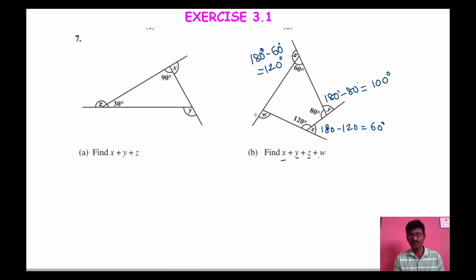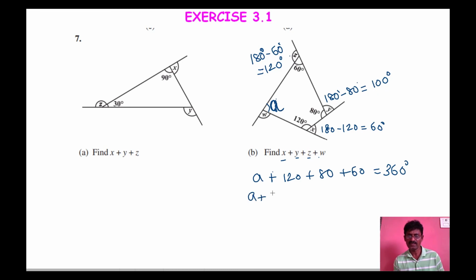Then w. Now here to find out w, we don't know this angle. To find out that angle, we can make the sum of these four interior angles equal to 360 degrees. So suppose this is angle A. Then A plus 120 plus 80 plus 60, all in degrees, is equal to how much? Sum of four interior angles in a quadrilateral must be equal to 360 degrees.